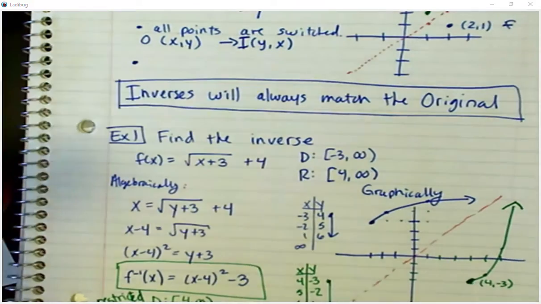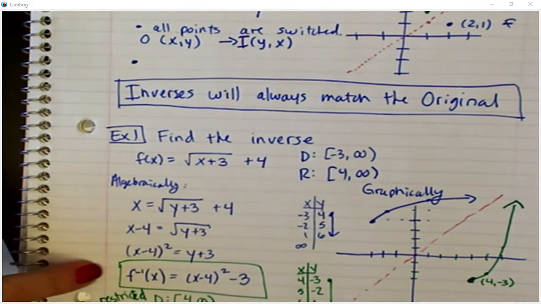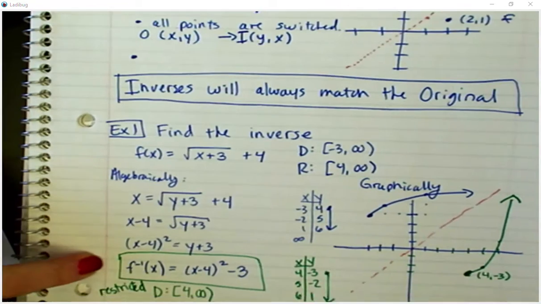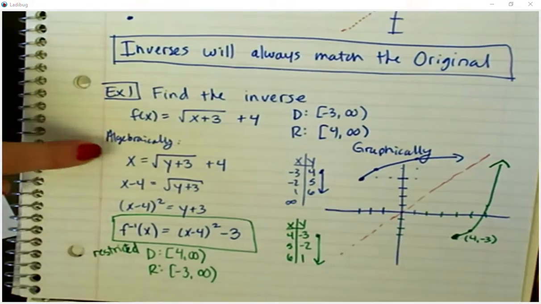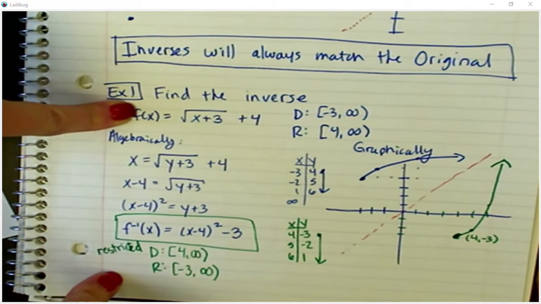Okay? The original graph, that's the graph that's important. That's the one that's going to answer your domain and your range questions. Okay? It's not the algebraic equation you come up with. It's the original graph or the original equation that's going to determine what kind of domain and range you need in the end.